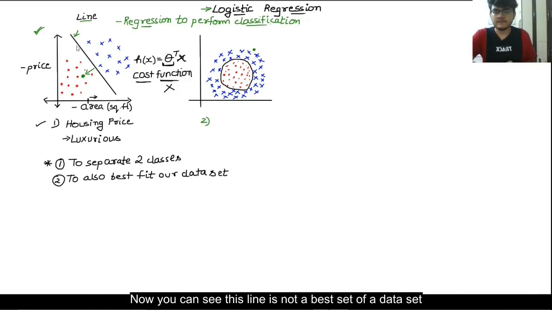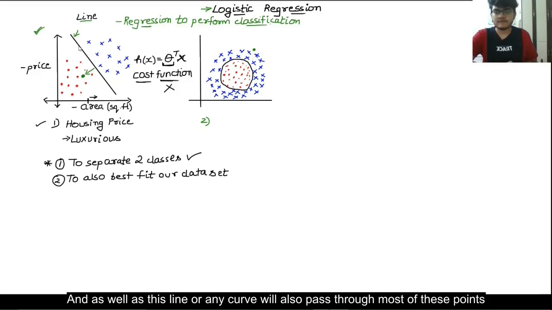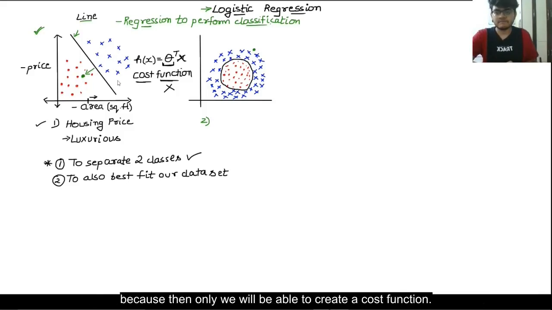You can see this line is not a best fit of our data set because it is not passing through them. So we will have to transform this graph into such a graph that we will be able to separate these two classes, and this line or any curve will also pass through most of these points, because only then will we be able to create a cost function that will try to best fit our data set.